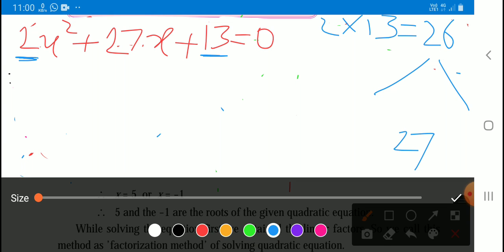Now I got just one pair of factors, that is 26 and 1. Yes, 26 ones are 26 and 26 plus 1 is 27. So I will write the factors here.